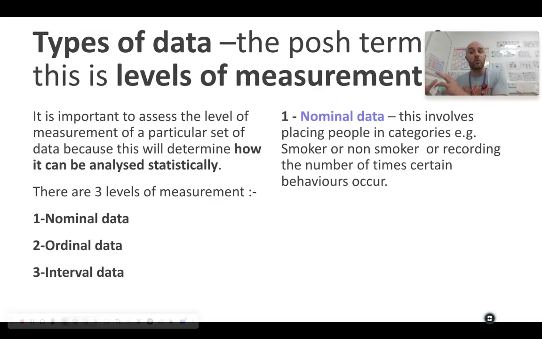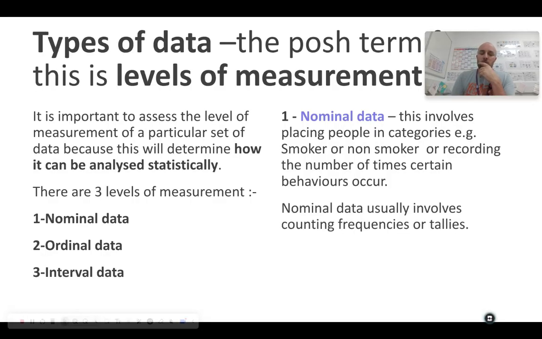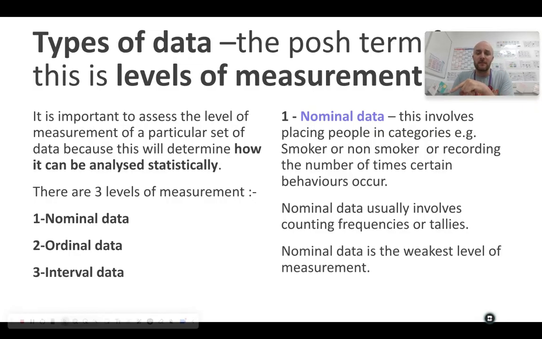Well, that will be its own category: smoker plus vaper. So nominal data is essentially where you put people into categories and you tally how many times that comes up in the data. It is a weak form of measurement. And what I mean by that is it doesn't tell us the strength of which that data is being used.